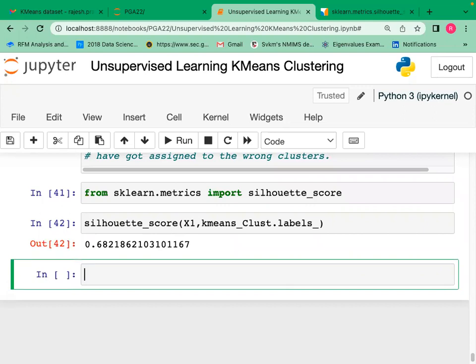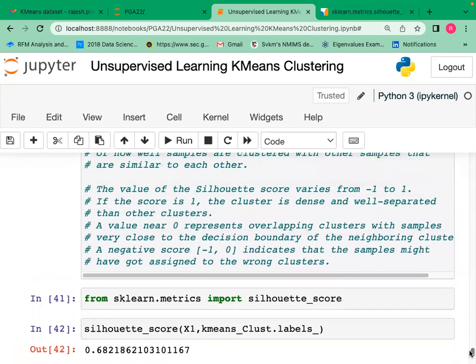So we got 0.68218603. So 0.68 looks very good here.